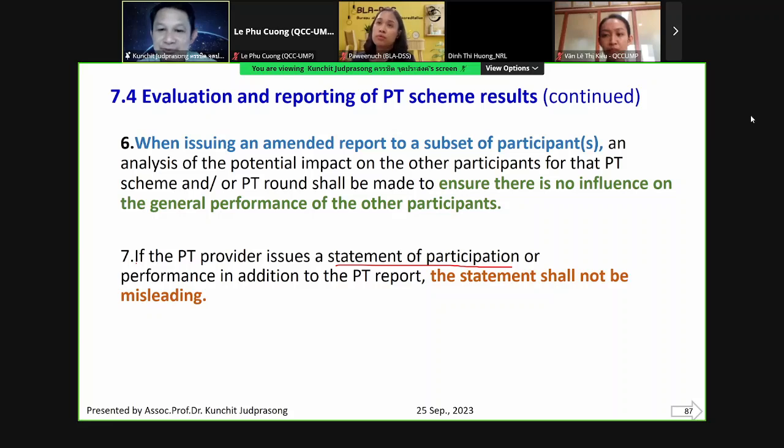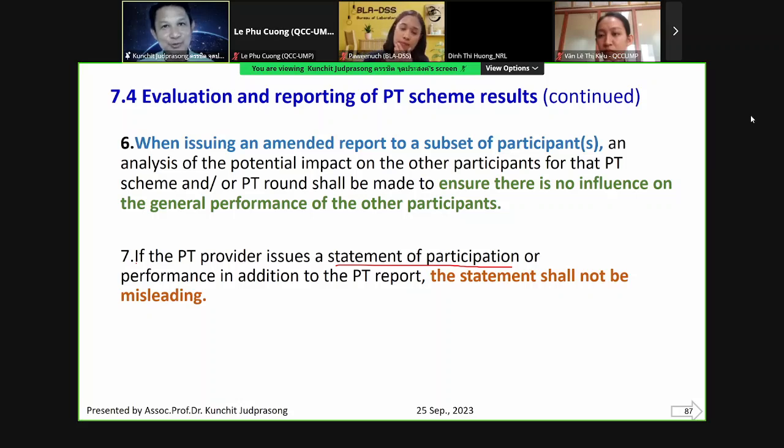But in the table it clearly demonstrates that your lab passes or your lab fails. But the graph, usually when we do the graph, gives a rough indication about the whole participant group, where each lab sits within the graph.